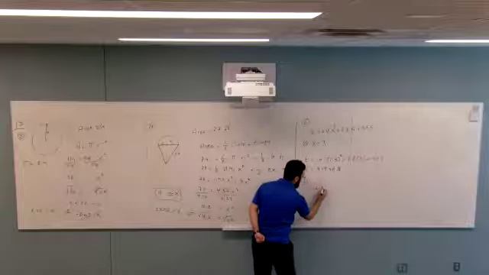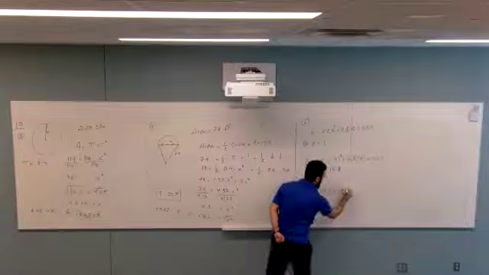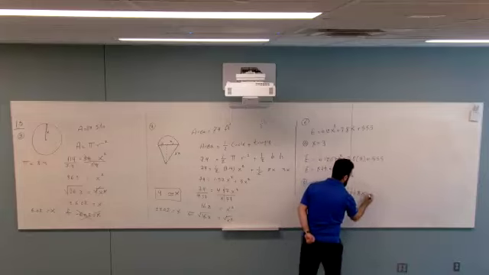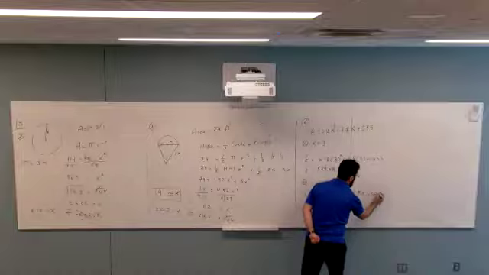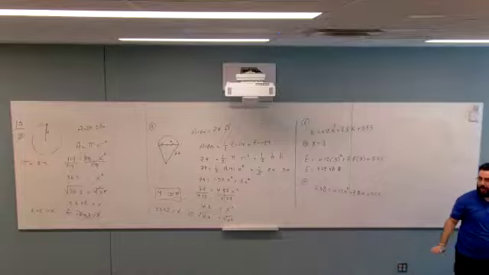So 638 equals 0.12x squared plus 7.8x plus 555. Here's the question. Now we need to solve it for x.